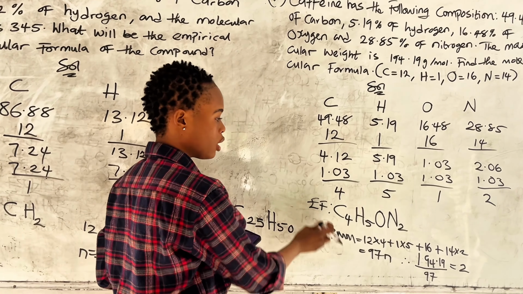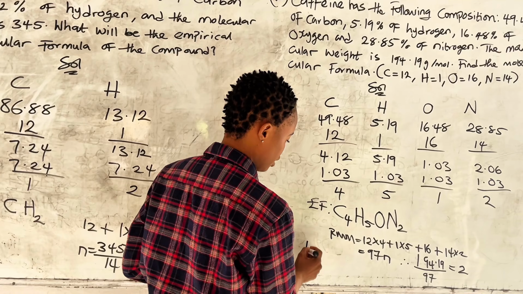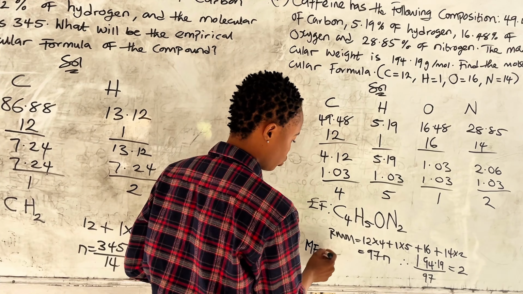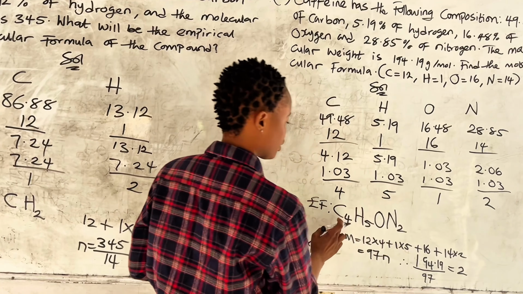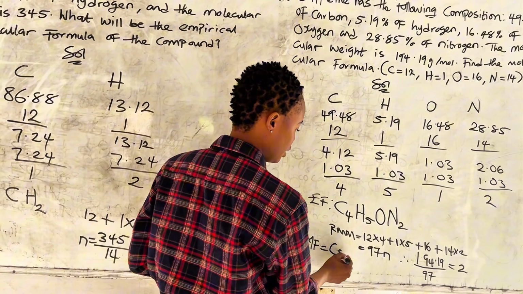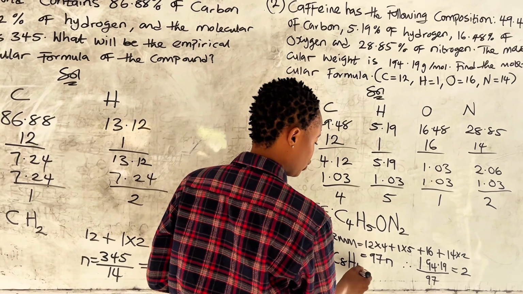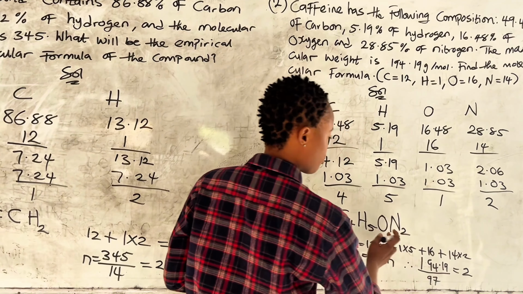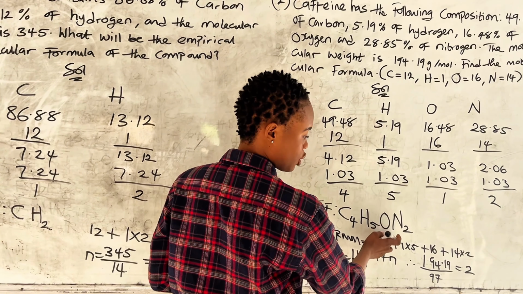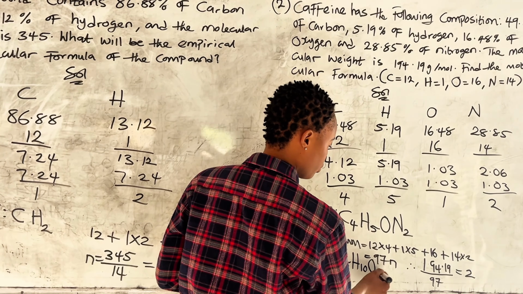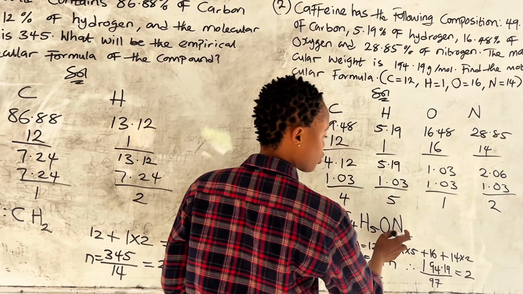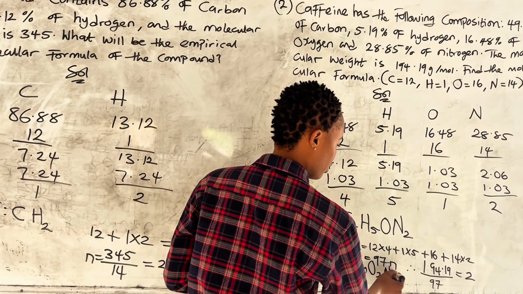So as we've gotten our 2, we're going to be using our final answer to multiply our empirical formula. So 2, so let's write it here. Molecular formula is equal to 2 times 4 is 8, so C8. 2 times 5 is 10, H10. 2 times 1, remember it's an invisible 1 here, so O2. And then 2 times 2 is 4, N4.